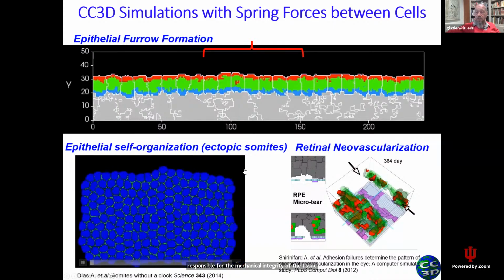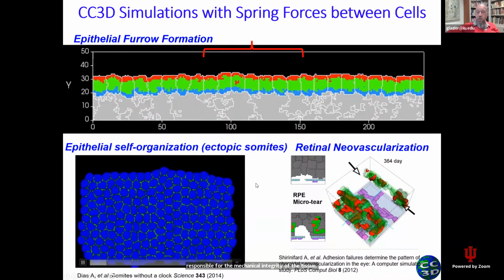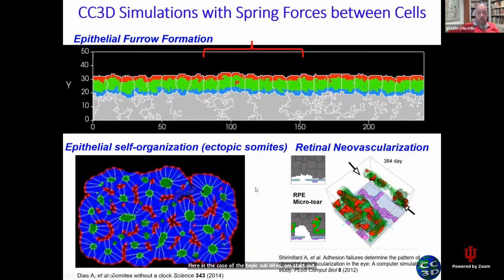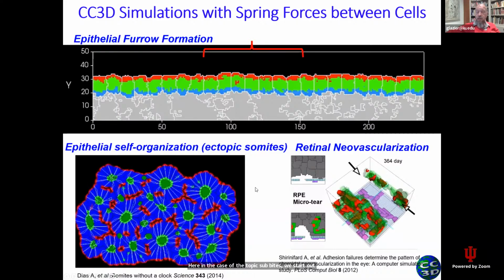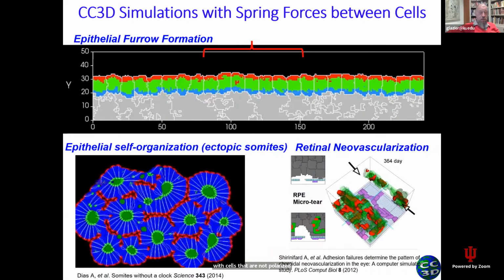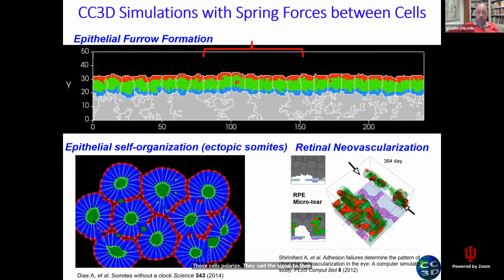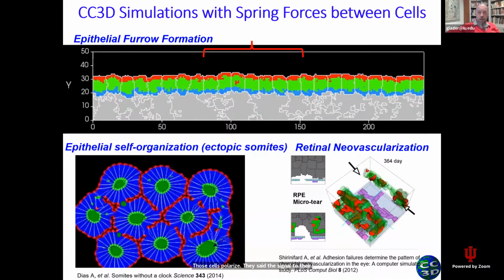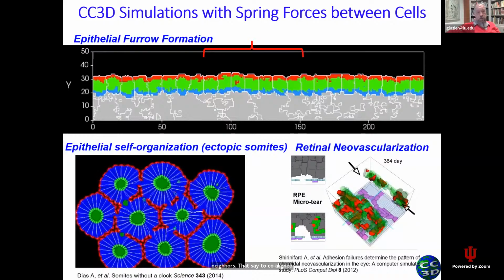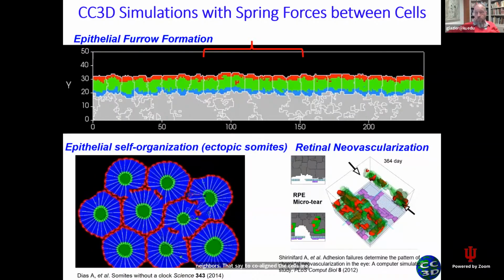Here, in the case of ectopic somites, we start out with cells that are non-polarized. Those cells polarize. They send a signal to their neighbors that says to co-align. If the cells are misaligned, they depolarize and repolarize.